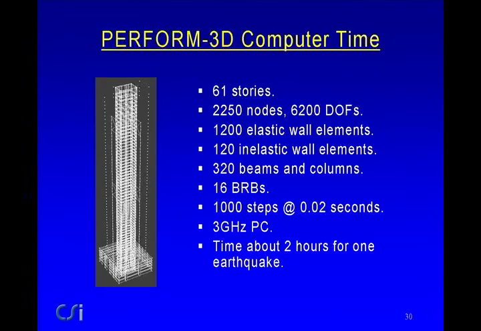Now, the person who modeled it just used inelastic wall elements rather selectively and assumed the rest of the structure was elastic, which reduces the computation time quite substantially. It's got 320 beams and columns. It's got some outriggers with some buckling restrained braces. And again, a 20-second earthquake. This takes 1, 2, maybe 3 hours of computer time depending on the intensity of the earthquake.